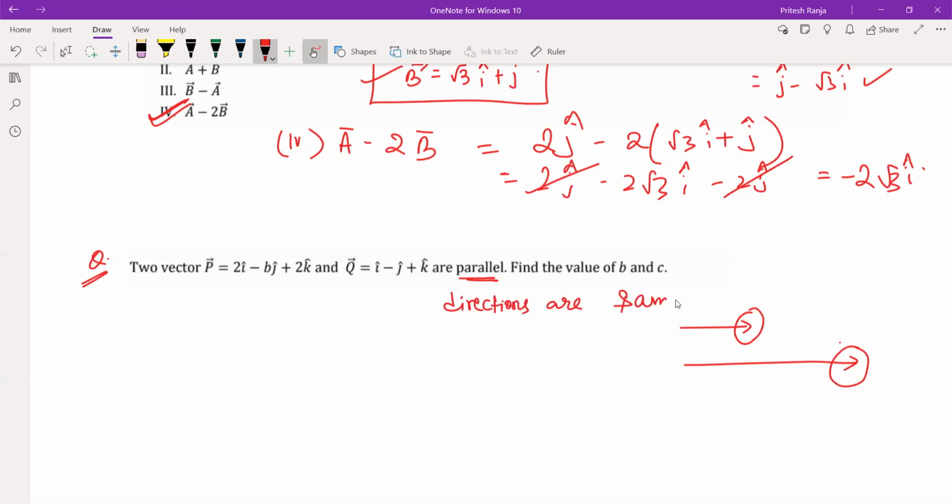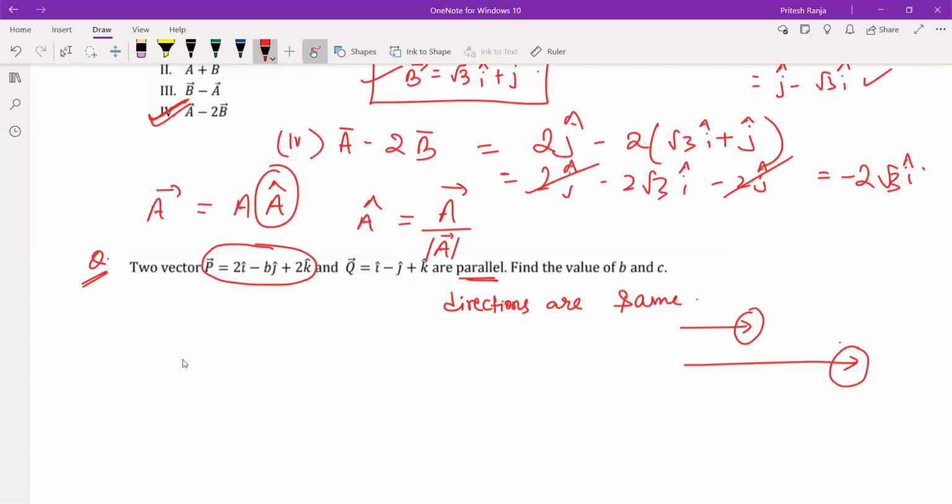And if you remember, if we had any vector and want to get its direction, then I can write its direction by its cap. So the direction of a vector is given by a cap, which is the vector divided by the magnitude. So first you have to find the direction of this one.